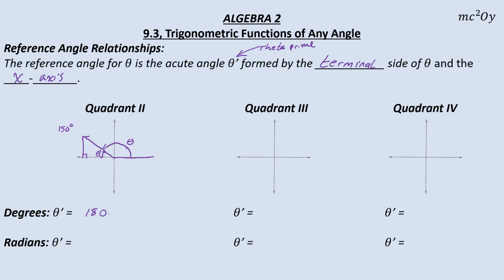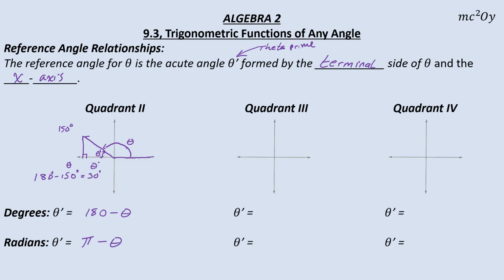So we're taking 180 and subtracting out whatever our theta angle is, and that gives us theta prime. In radians, that would mean 180 is pi, so it would be pi minus theta. So you can use an example here. You can say, well, like 180 minus 150 to give you a 30. This would be theta. This would be theta prime.